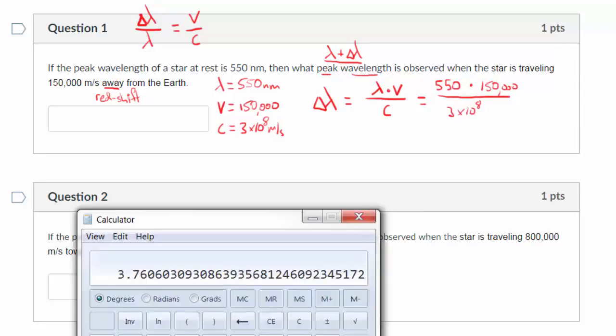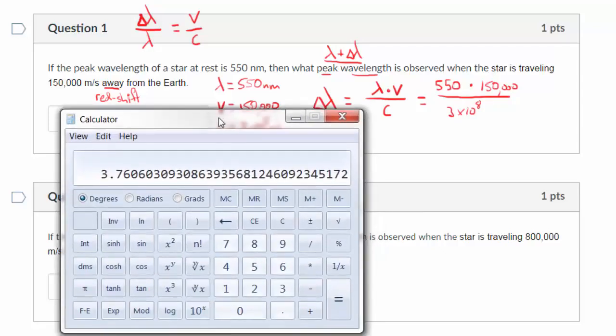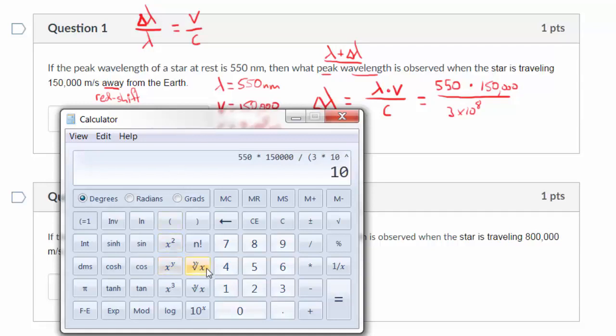And let's see what that gives me here. 550 times 150,000 divided by, I'm going to use parentheses again just to help me out, 3 times 10 to the power of 8, close parentheses, enter. Okay, and I get 0.275.